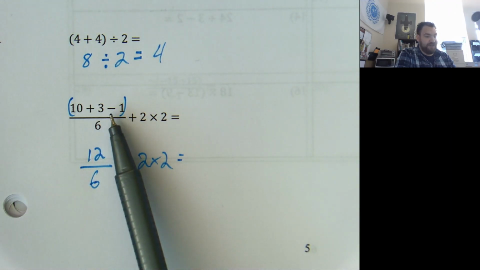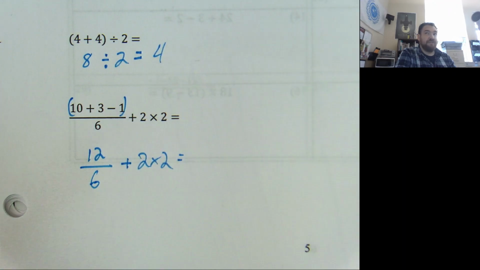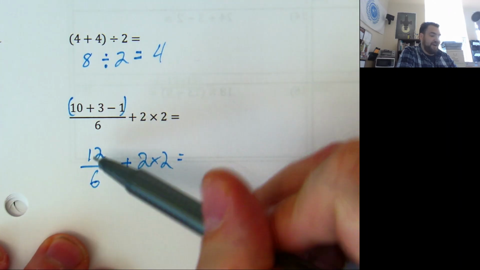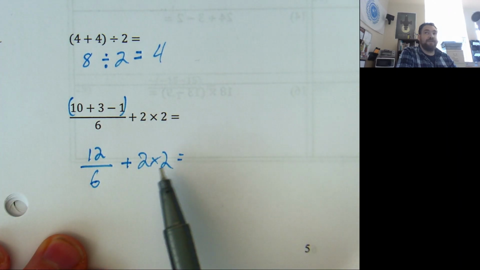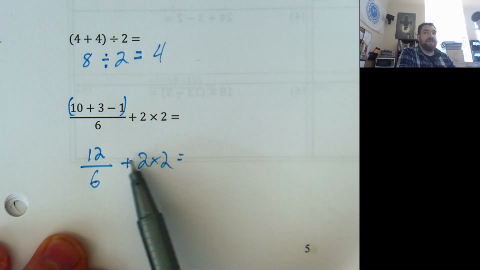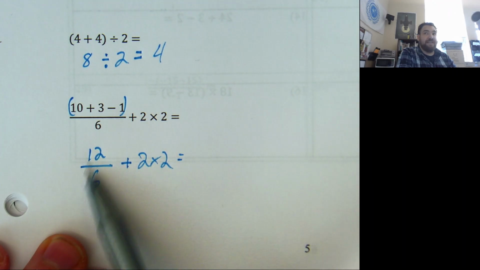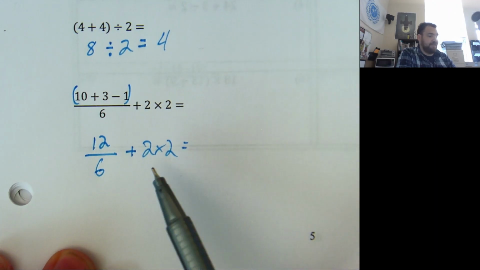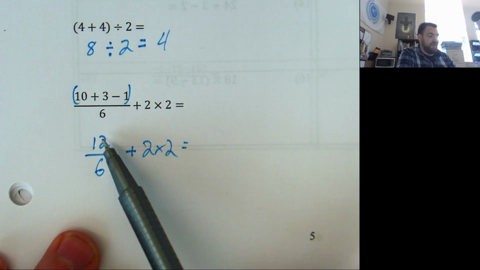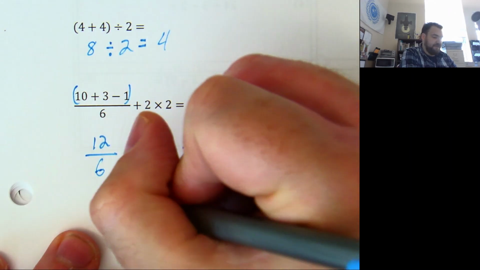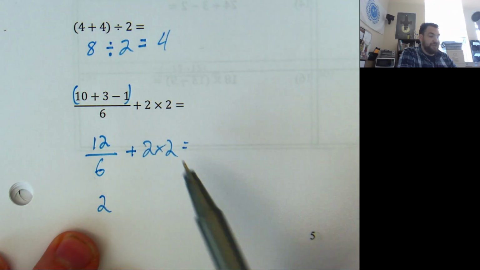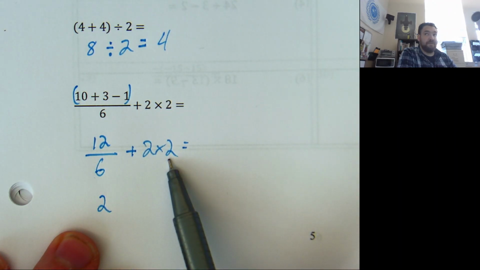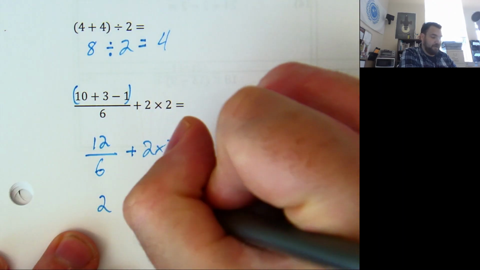There are no exponents. The multiplication and division. I've got division here. I've got multiplication here, and they're separated by addition. So what we're going to do is divide these two and multiply these two in the same step. You're allowed to do that. So 12 divided by 6 is 2. 2 times 2 is 4.